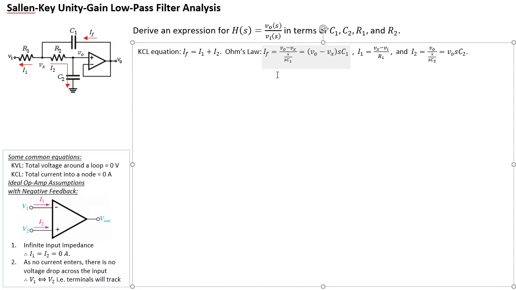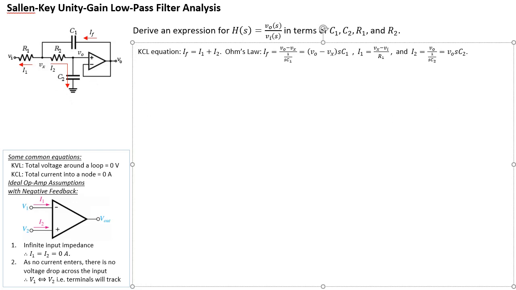To resolve Vx, look at the current I2. It flows through R2 and then completely through C2, meaning R2 and C2 are in series, because the same current flows through both components. On one end you have Vx, and in between you have Vo, so you have a potential divider circuit.